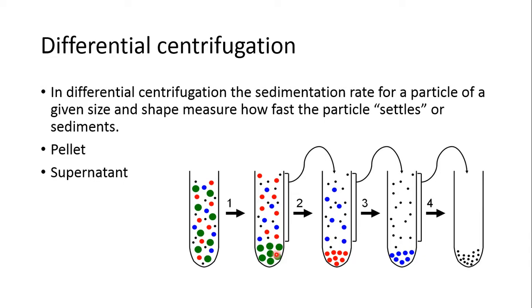In this way we have separated our large size molecules. Then we put that supernatant into another tube and again run it in the centrifuge machine. Then particles smaller than the green particles will settle down here. Again we run this machine, and all the red color particles, smaller than the green particles, will settle down here. This is the pellet and this is the supernatant.